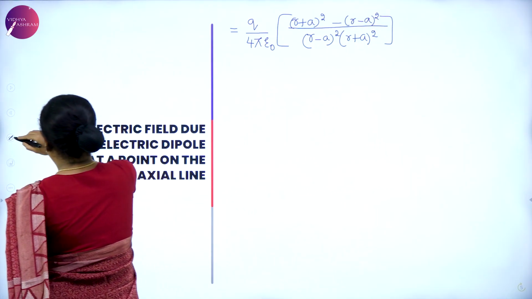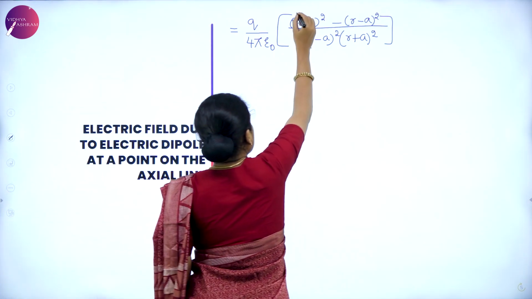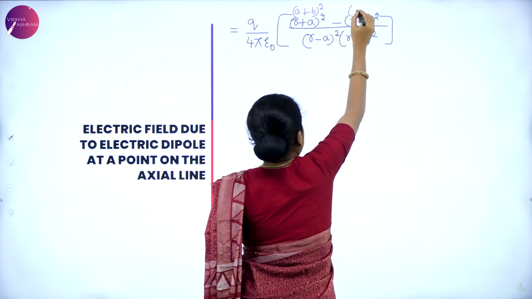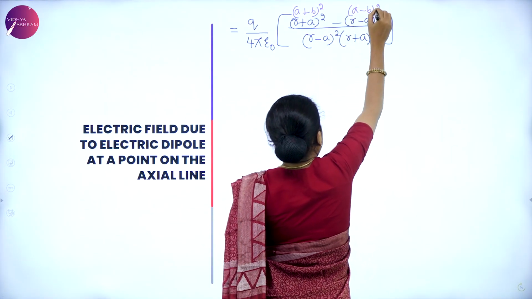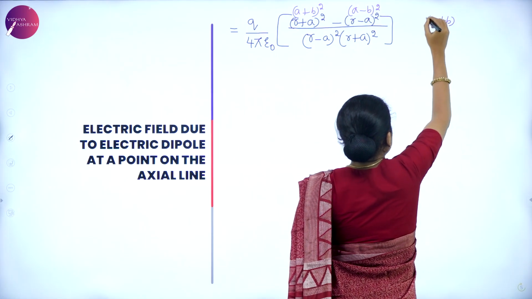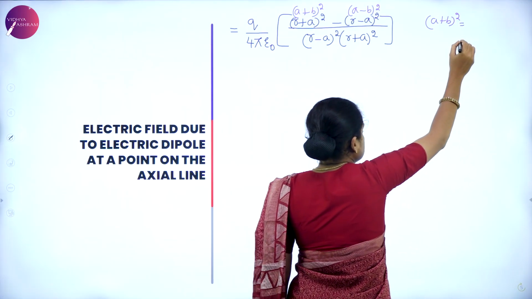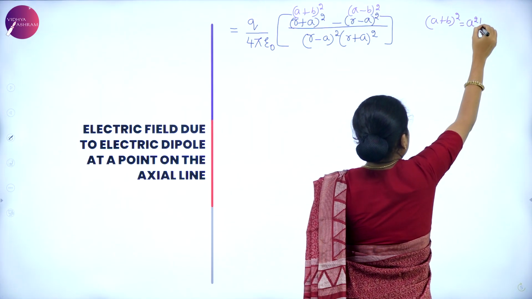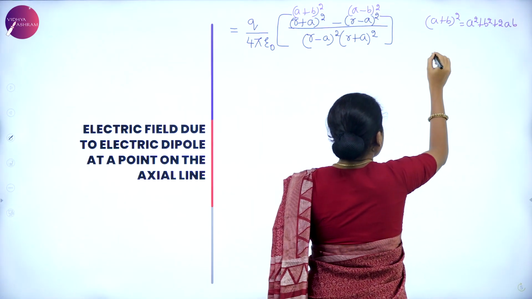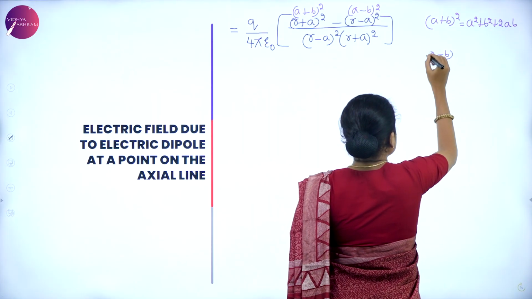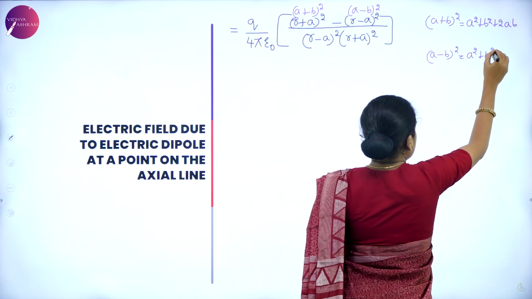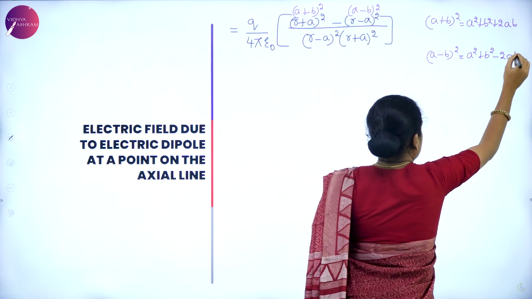These are in the form of (A plus B) whole square and (A minus B) whole square. So what is the expansion of (A plus B) whole square? The expansion of (A plus B) whole square is A square plus B square plus 2AB. And the expansion of (A minus B) whole square is A square plus B square minus 2AB.